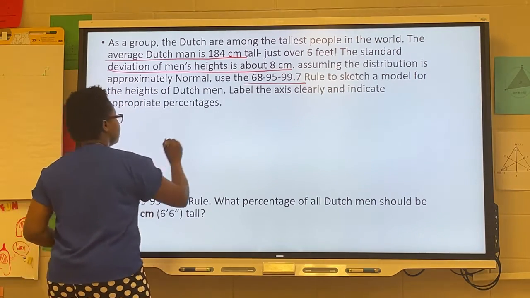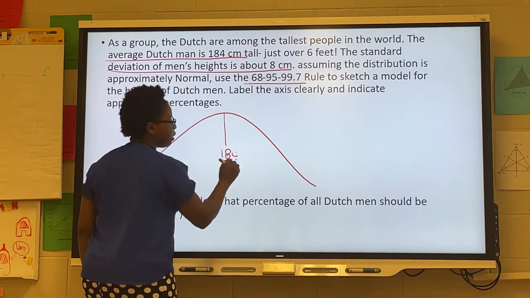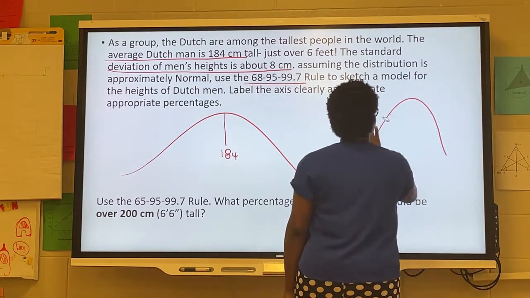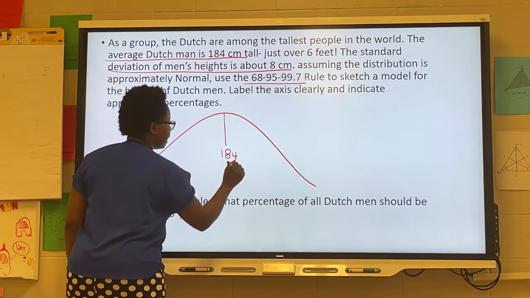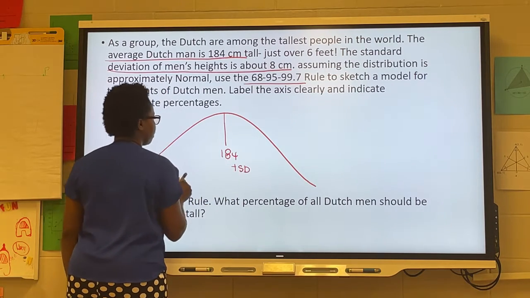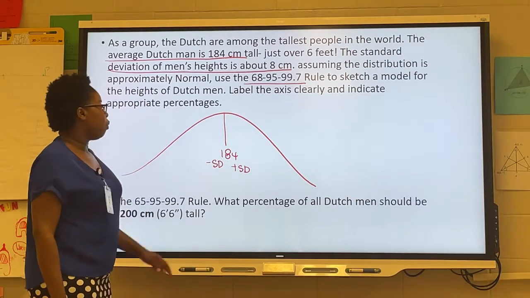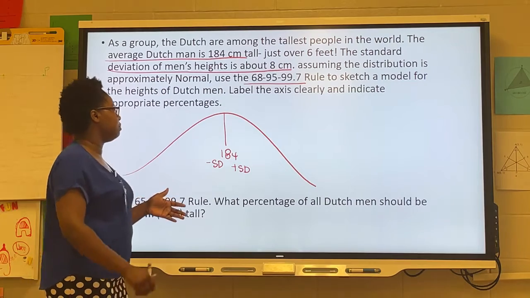So your center is going to be your mean, and my mean is 184, and your mean should be 77, so write 77. And we're going to be adding our standard deviation as we go to our right. We're going to be subtracting as we go to our left. We consider 3 standard deviations above the mean and below the mean.